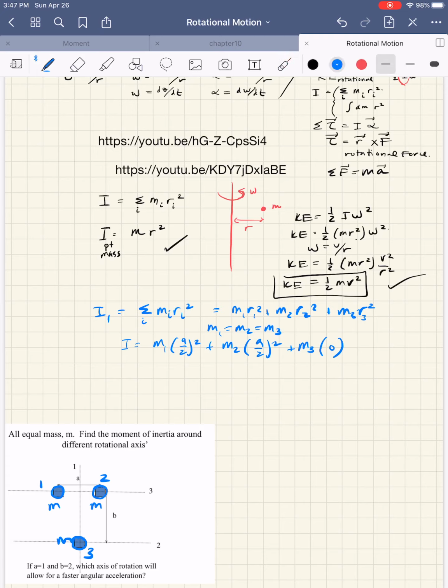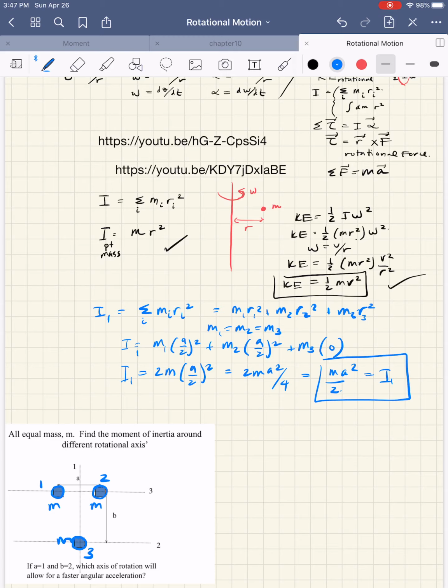And so if these are the same masses, then I'll have 2m (a over 2) squared as the moment of inertia about axis of rotation 1, or 2m a squared over 4, or m a squared over 2. And that equals I sub 1.